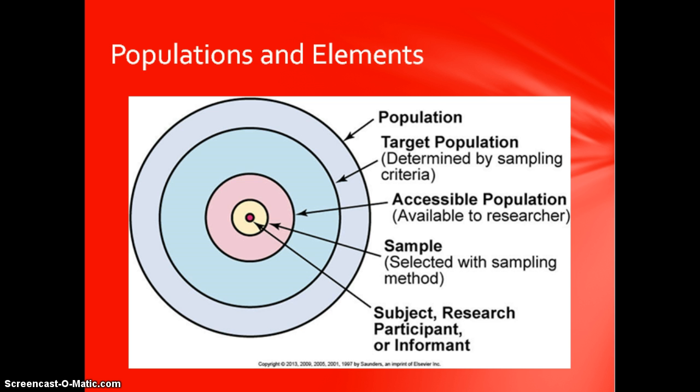Accessible population is that set of people that meet your criteria and are actually accessible to you. The sample is the group that is selected through your sampling method, and we'll talk about those sampling methods here in just a few minutes. And then the subject, the element, the research participant, informant, is the one individual that is within the sample.